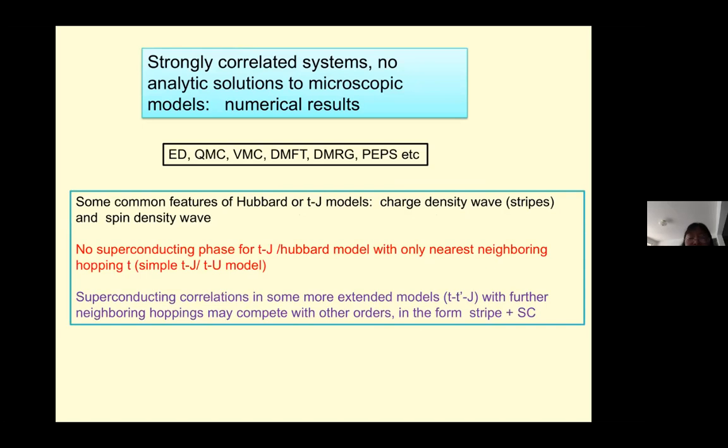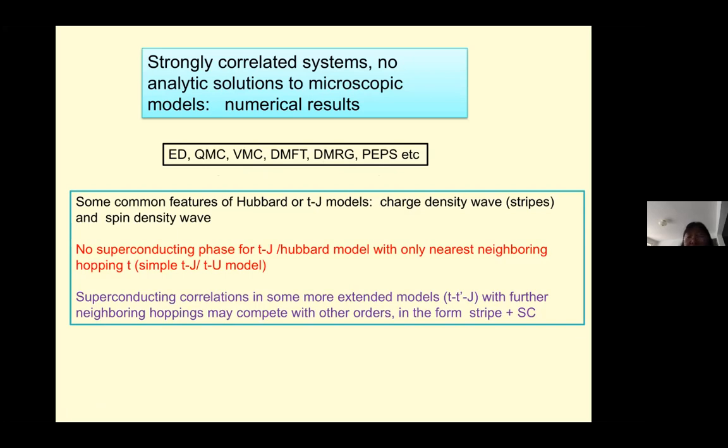Many different methods are applied to this system, including exact diagonalization, quantum Monte Carlo, dynamical mean field theory, and tensor network approaches, including DMRG and PEPS. Because this is a strongly correlated two-dimensional system, we do not expect to have a really good method which can solve this problem.